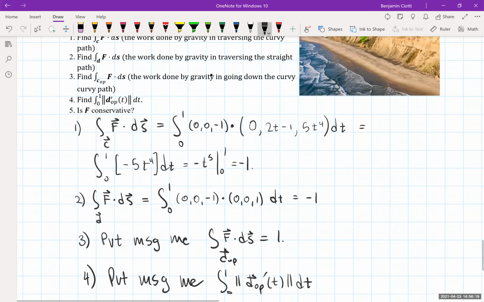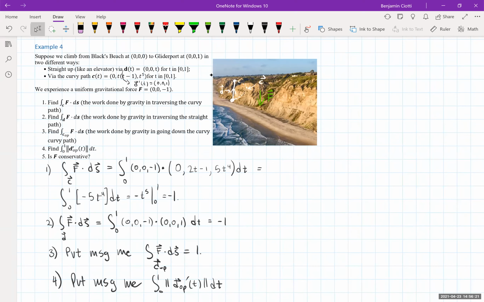Look at the path. Oh, cool. Okay, this is just the length of that path. It doesn't even matter that we went in the opposite direction. The length is still the same. This is the length of that path, which is 1.